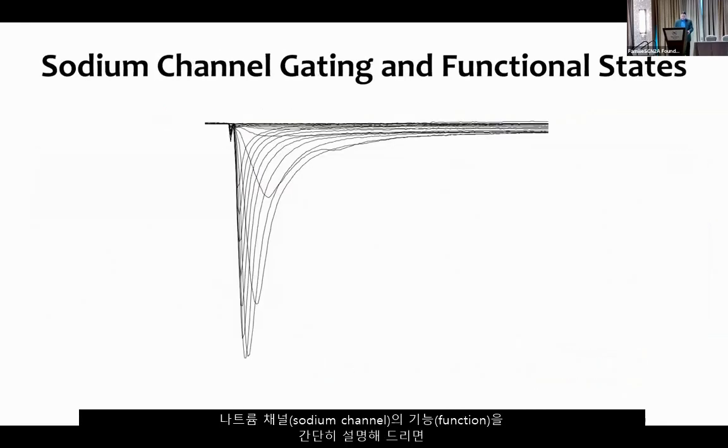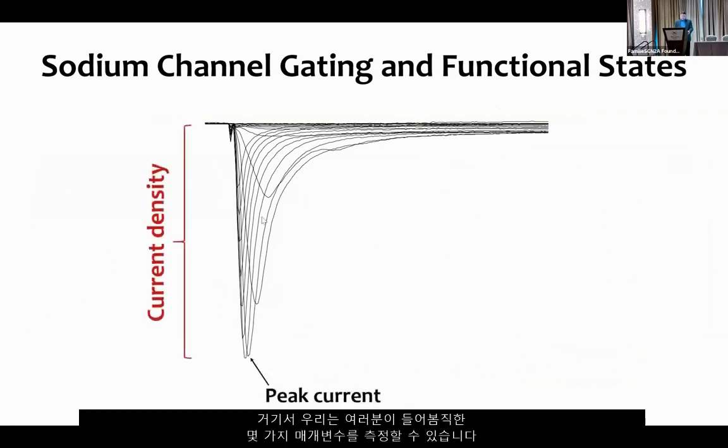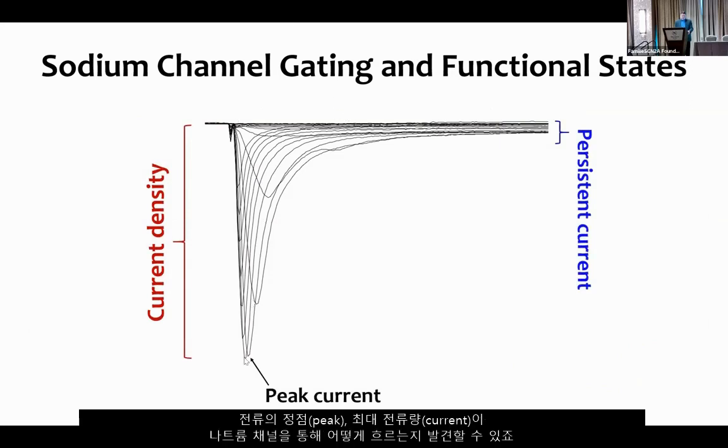And just to give a nutshell, when we're talking about sodium channel function, when sodium channels open, we get this big deflection of recording of current in the cell. And we can measure several parameters there, some of which you may have heard about. We can identify the peak of the current, what's the maximum amount of current conducted by that sodium channel.